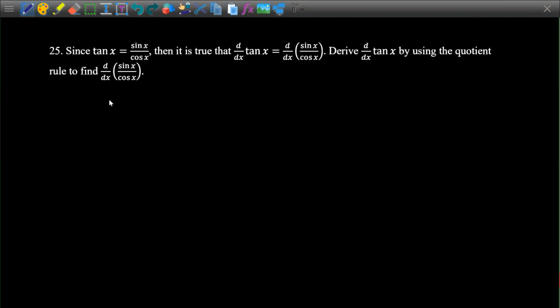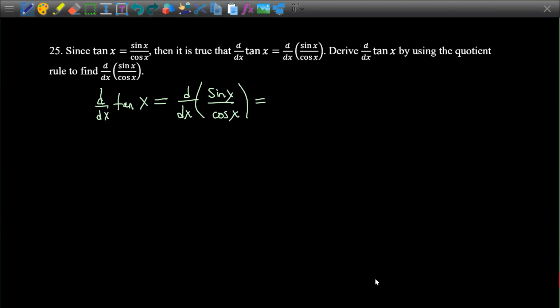So we are looking for the derivative of tan x, which is equal to the derivative of sine of x over cosine of x. And then the instructions say to use the quotient rule.